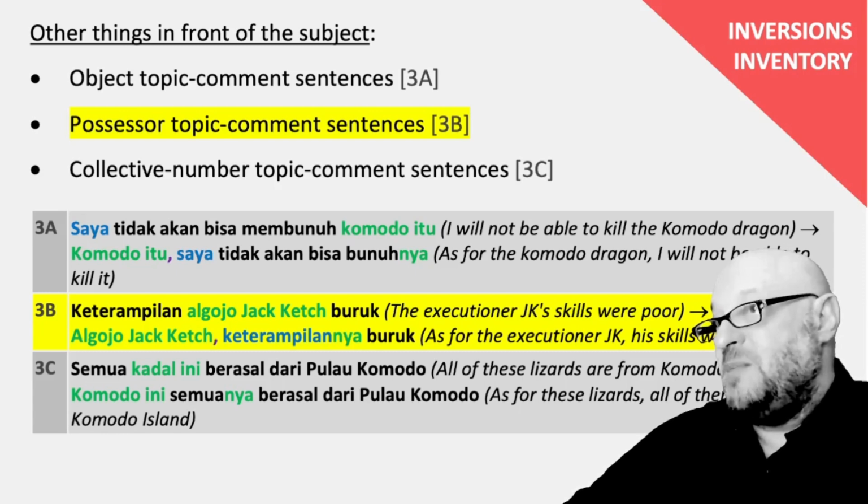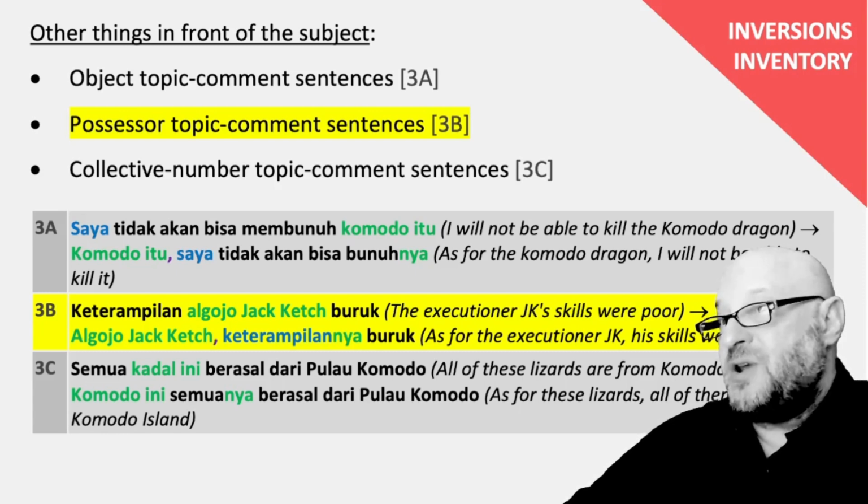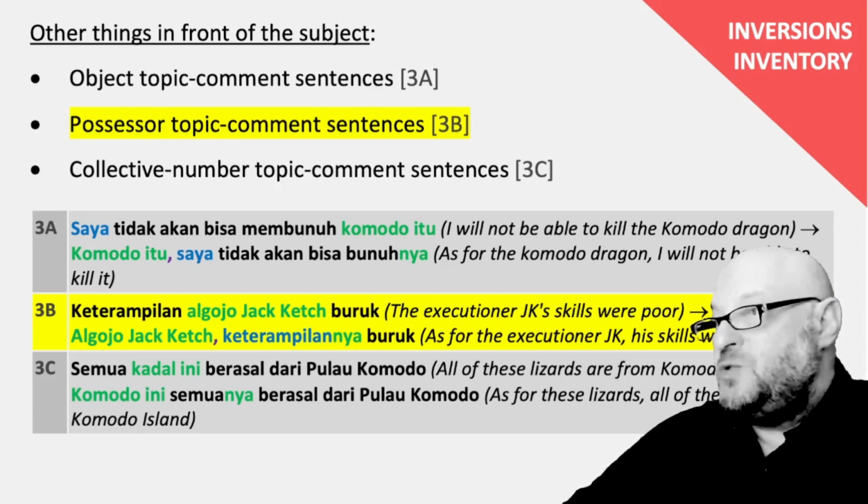Possessor topic comment sentences. Example 3b. The sentence keterampilan algojo, Jack Ketch, buruk, the executioner, Jack Ketch, skills were poor, can be turned into algojo Jack Ketch, keterampilannya buruk. As for the executioner, Jack Ketch, his skills are poor.